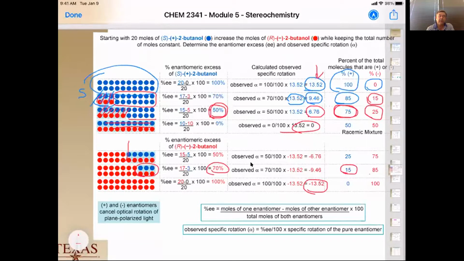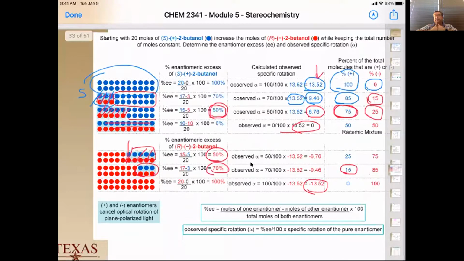And then of course, when we go to the 50% optical activity, because all of these cancel out, we're actually looking at 25 mole percent of our impurity, 75 mole percent of our pure compound. Okay, so we can always calculate the percentages from the optical rotation and the optical rotation from the percentages.